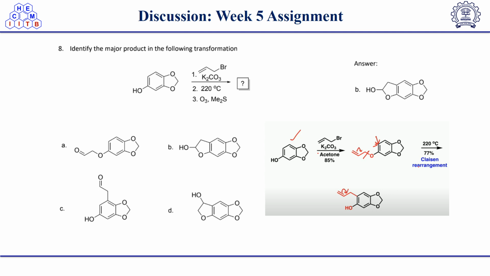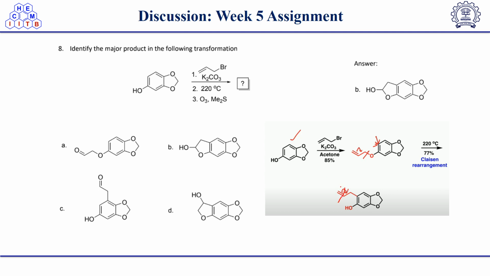That is, this allylation of this alcohol under K2CO3 condition will give this compound. Then at 220 degrees Celsius, when we are heating that particular allylated compound, it will undergo Claisen rearrangement to get this rearranged product. Then what is happening under ozonolysis condition?